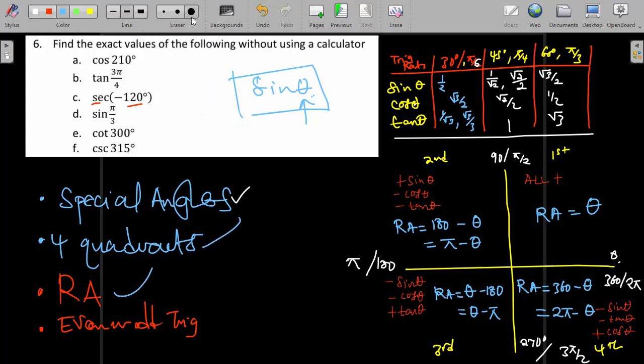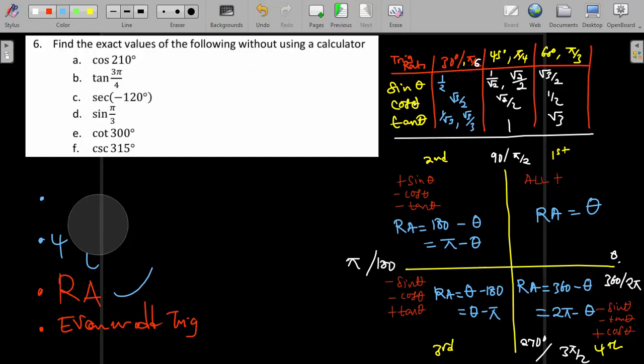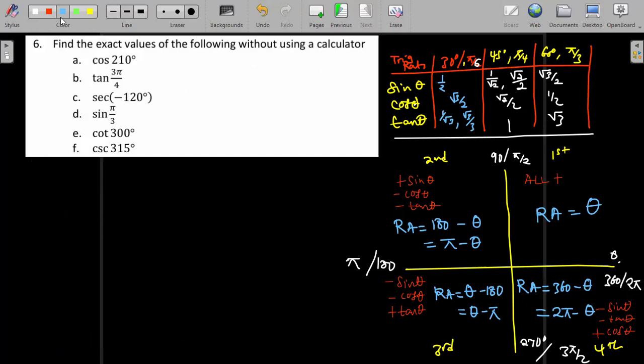We also have to know some functions that are even and some functions that are odd. Of the 3 trigonometric ratios, the even one is just the cos. Meaning cos of a negative angle is the same as cos of the positive angle.